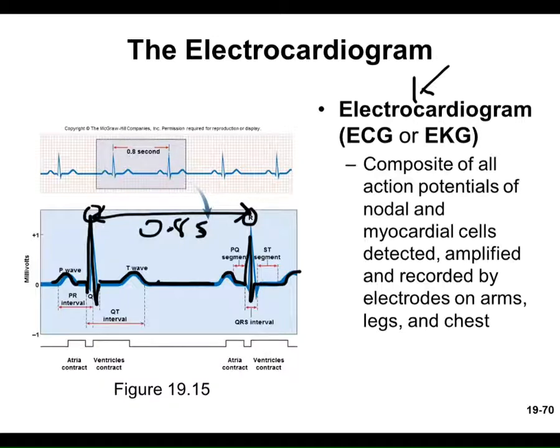If you have a beat every 0.8 seconds, then your beats per minute would be what? The answer is 75. And how do we get that? Not times. 60 divided by 0.8. And that will give you 75. Okay, and in lab we'll talk about a couple other ways of measuring your heart rate using an EKG.